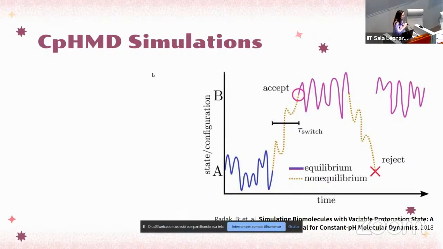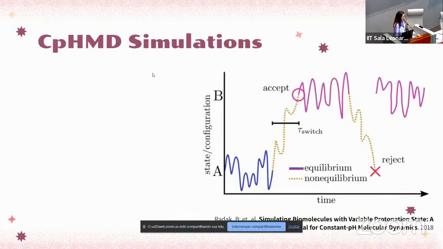It goes by alchemical transformation to destroy or create the proton. And then if it's accepted, the simulation continues. If it's rejected, it goes back to where it was before, with the previous ionization state.